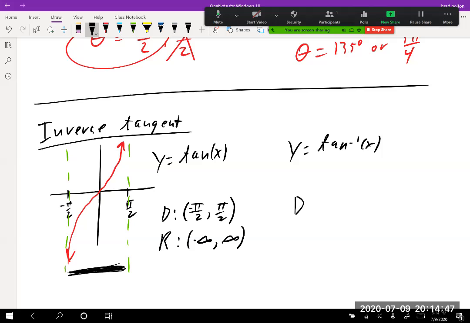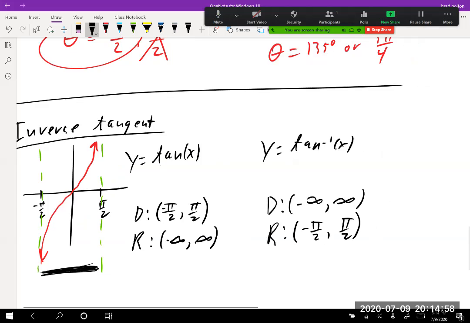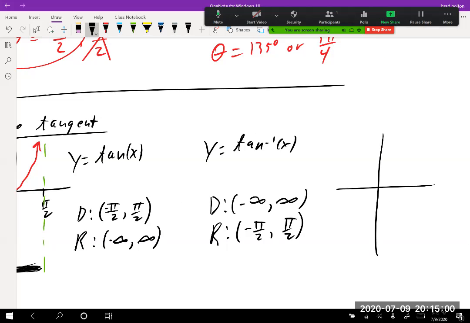Well, that means when we come over here, we have negative infinity, positive infinity for our domain, and our range will now be negative pi over 2 comma pi over 2. I'll draw this one because it looks quite a bit different than the arc cosine. I'm going to do second inverse tan on my calculator just to give myself a better idea. I always have trouble drawing.